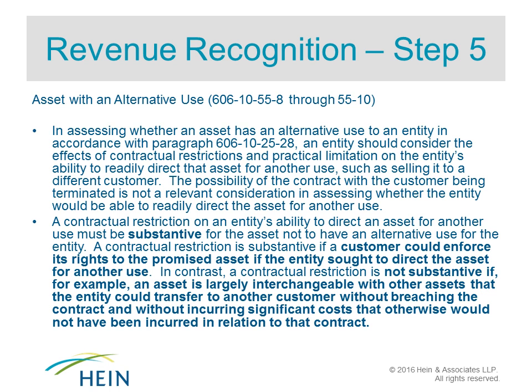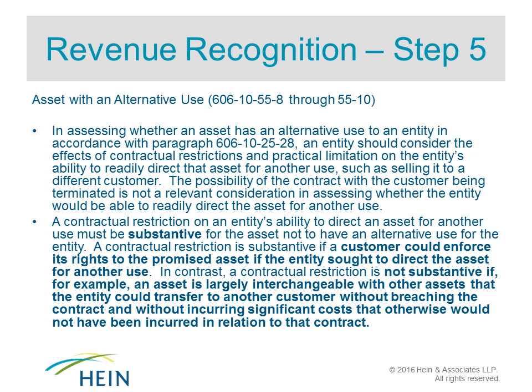the first part of this is similar to the previous slide, and then we discuss the fact that a contractual restriction must be substantive. So we're looking at whether that contract restriction, if there is one, is substantive. A contractual restriction is substantive if a customer could enforce its rights to the promised asset if the entity sought to direct the asset for another use.